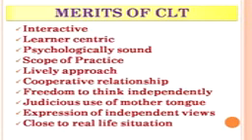And next one is freedom to think independently. Here it refers to divergent thinking, and which also helps in expressing independent values. And next one is judicious use of mother tongue. Student starts learning a second language after acquiring a certain amount of skills in mother tongue.